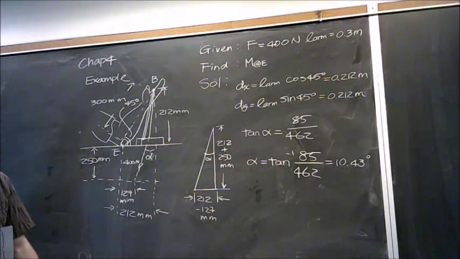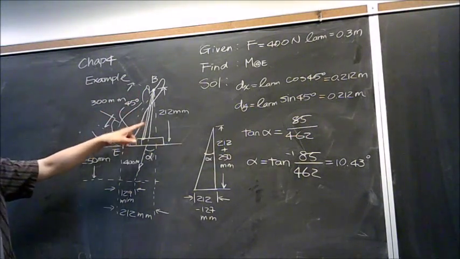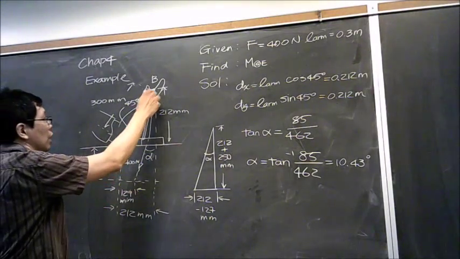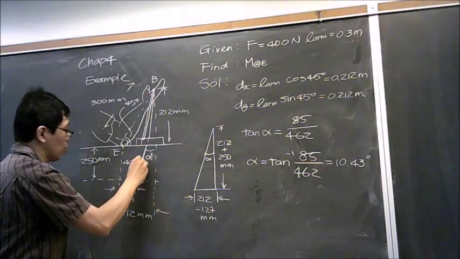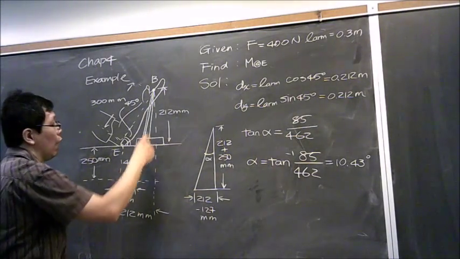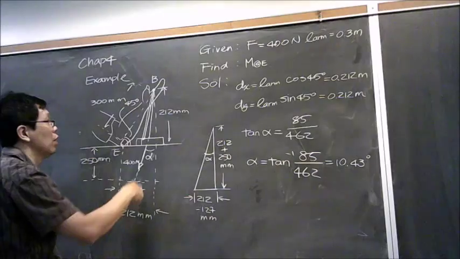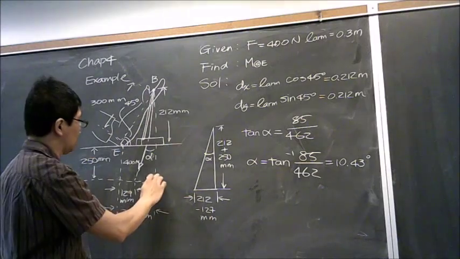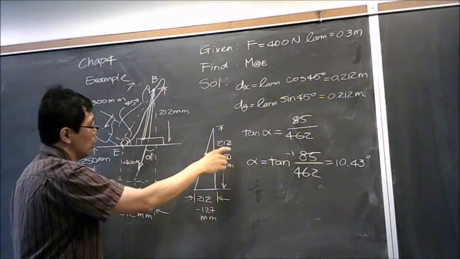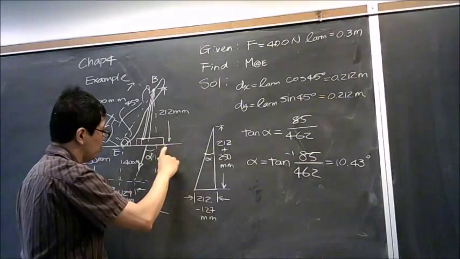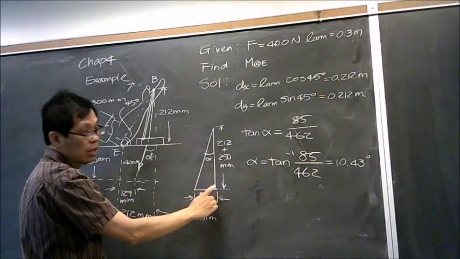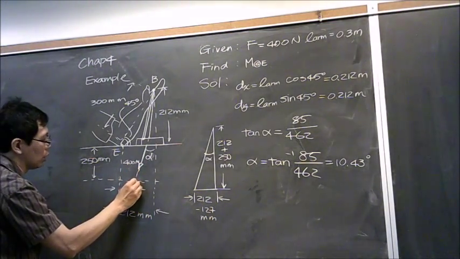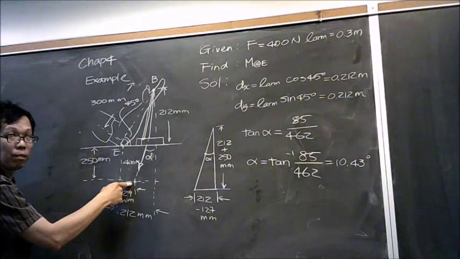I'm not doing anything special. I'm just trying to identify the direction of this force. So in order to find the direction of this force, the first thing I do is I know the direction of force 400 Newton is over here. So I need to know the triangular relationship on height on the y-axis. So by doing that, I know the relationship is going to be 212 over here plus 250 over here. That is the height of my triangle. And I know this force is going to be pointed to this position based on the problem statement.